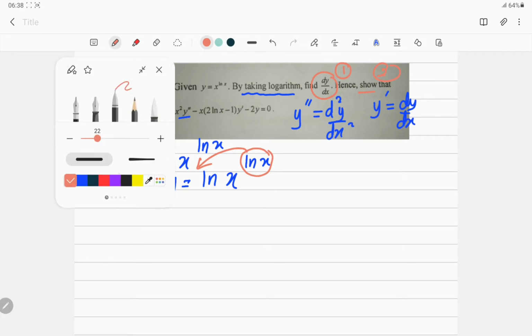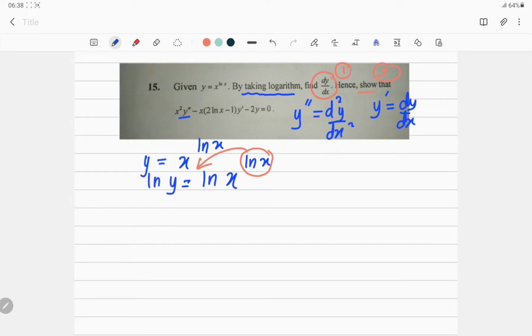Then I can write down ln y equal to ln x times ln x, which can be simplified as (ln x) squared. Now we can solve and get dy/dx.